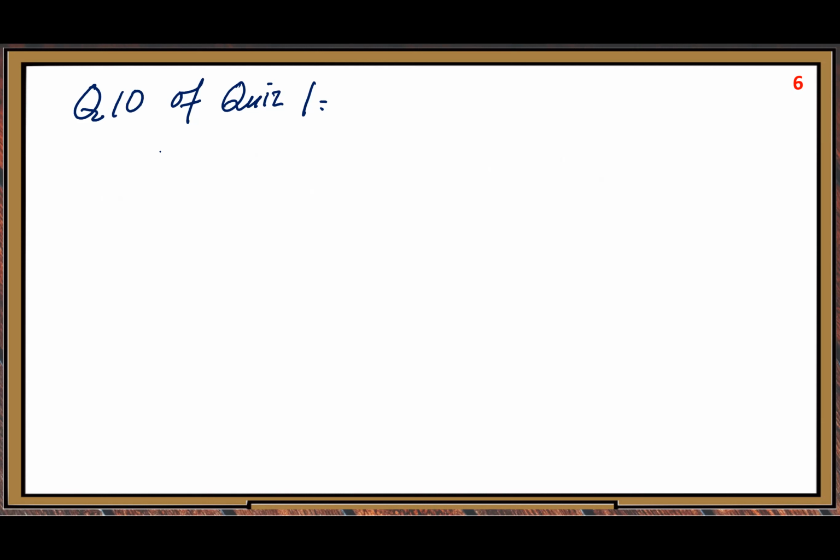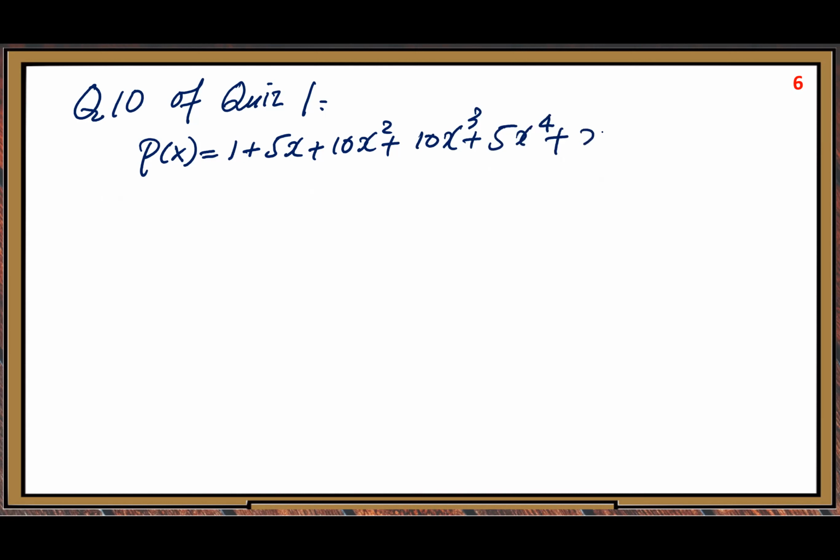All right, so P of X, the polynomial, is 1 plus 5x plus 10x squared plus 10x cubed plus 5x to the 4th plus x to the 5th, right?